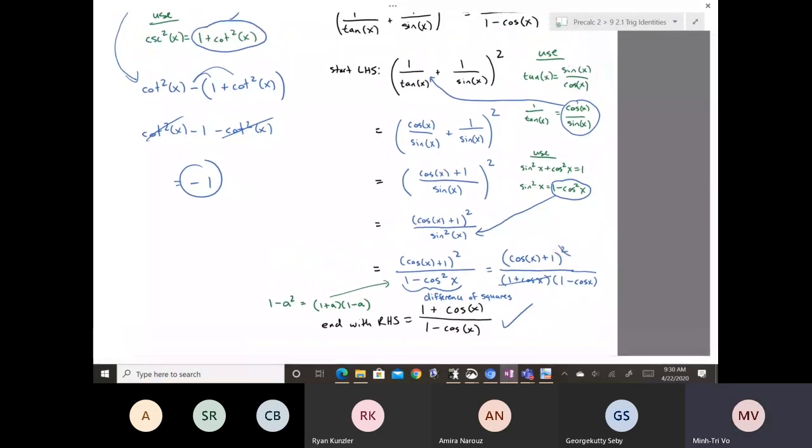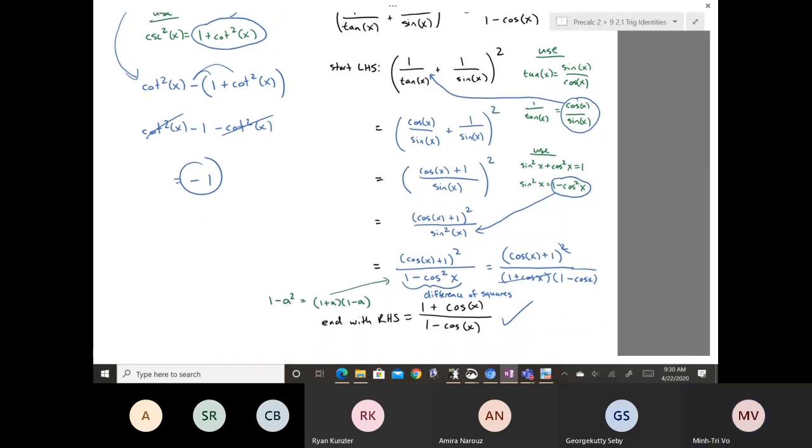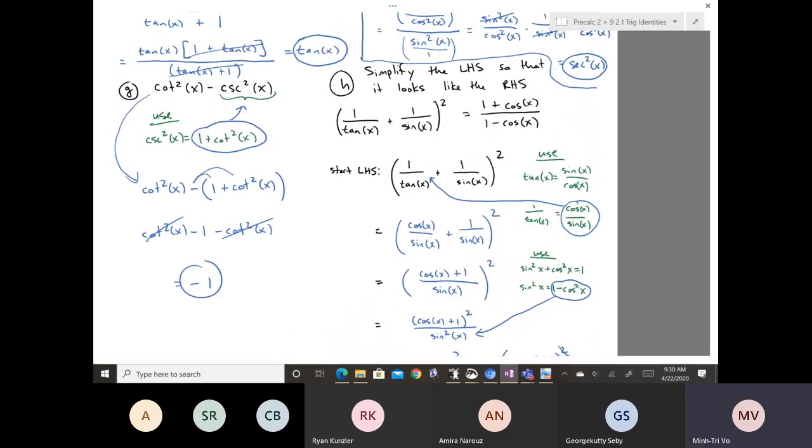Okay, so this one was a little bit more complicated, but basically you just keep applying different identities and then seeing what kind of simplifications you can do until the final result looks like the thing that you want.